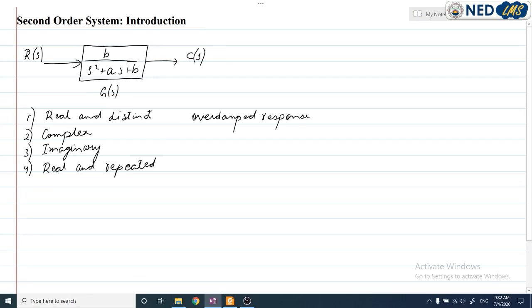If we have complex roots, we will get an underdamped response. If we have imaginary roots, our output response will be undamped.